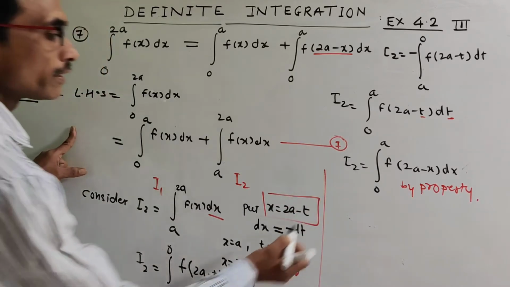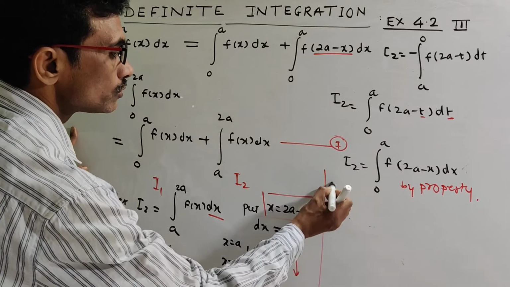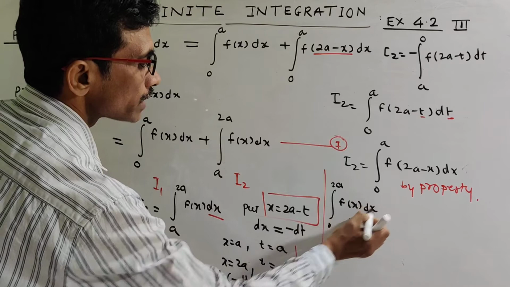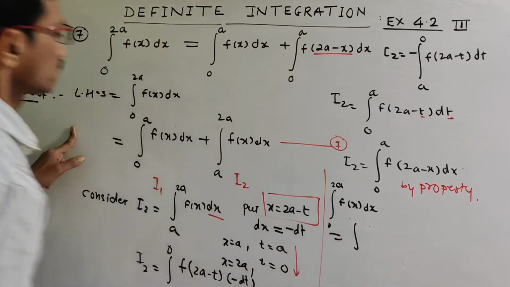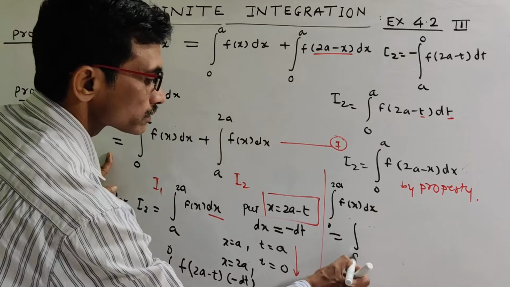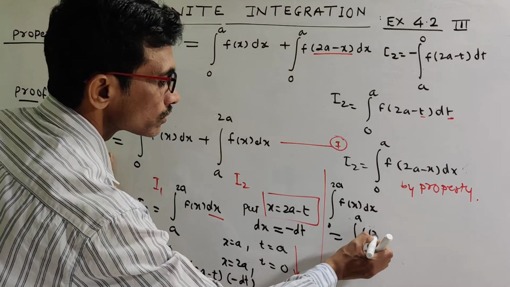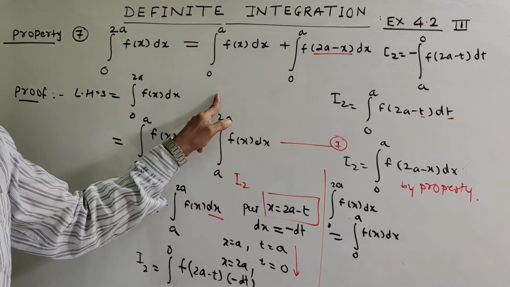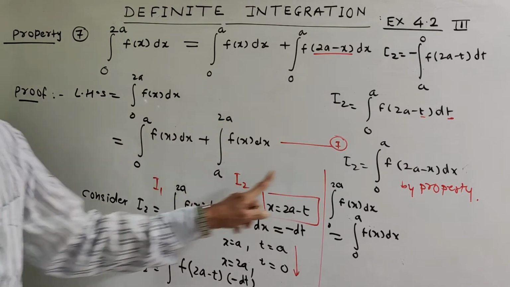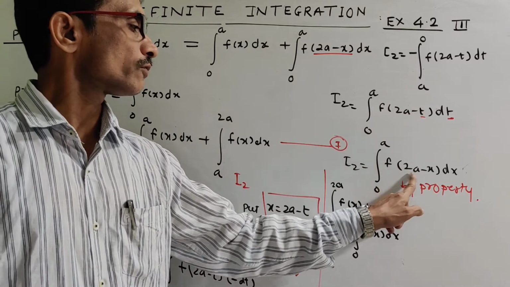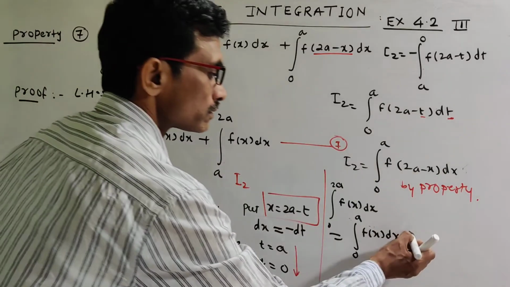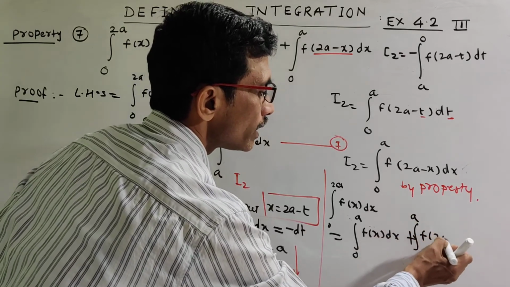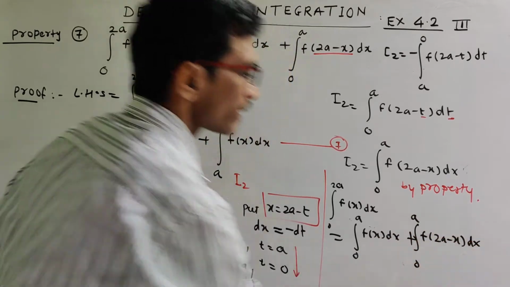So the definite integral 0 to 2a f(x) dx from equation 1 is equal to integral 0 to a f(x) dx plus integral a to 2a, but that is I2, and that I2 is equal to integral 0 to a f(2a minus x) dx.